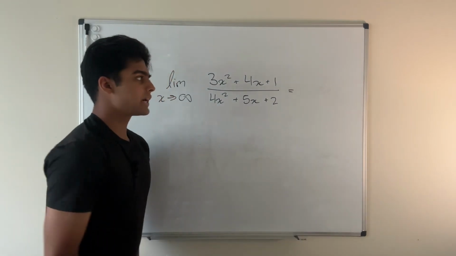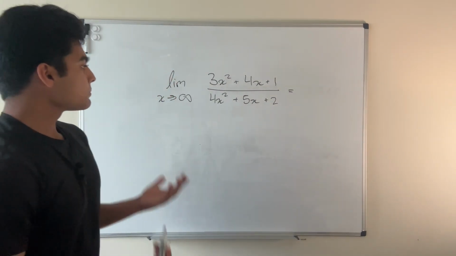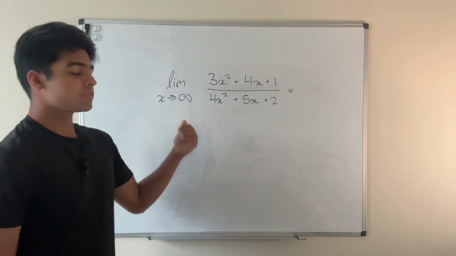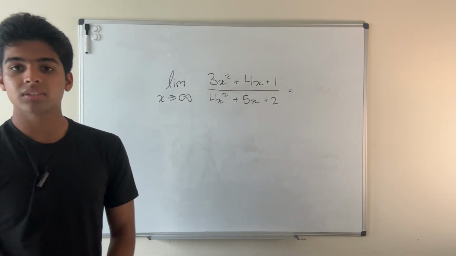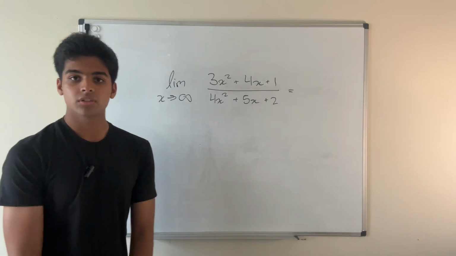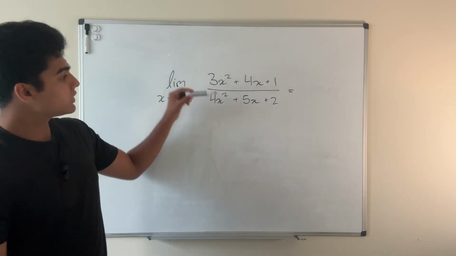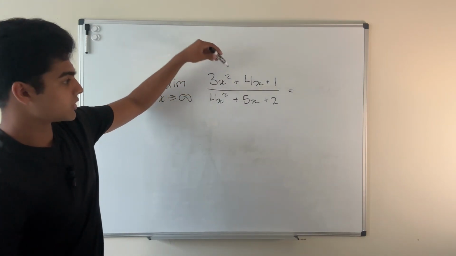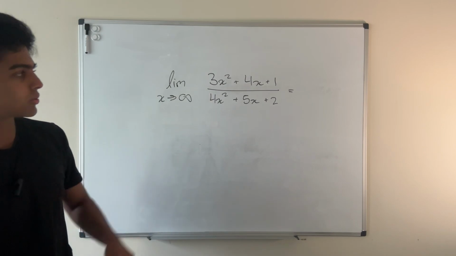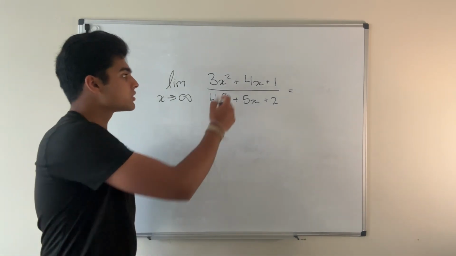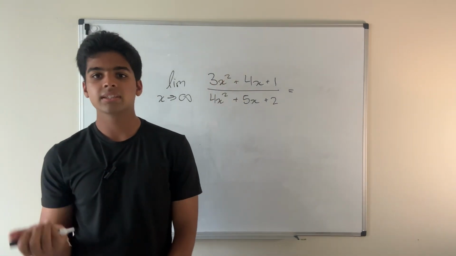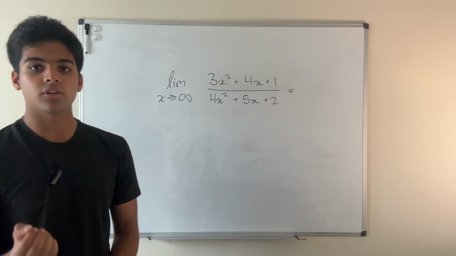And we want to find out what that equals. So as x approaches infinity, since x is approaching such a large value, we can only focus on these higher degree terms, so 3x squared and 4x squared. And this is because those are the two terms that are really dictating how fast the function grows.